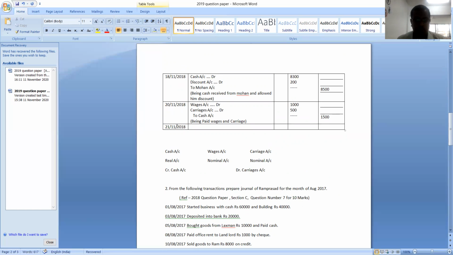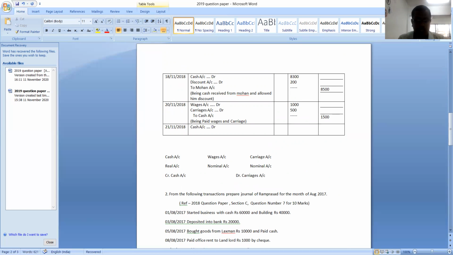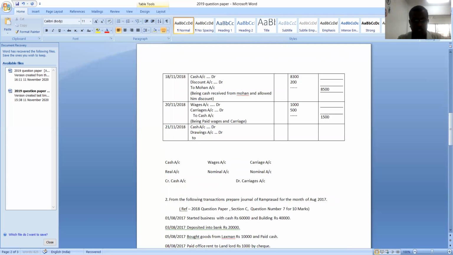So as we all know, here the first account is cash account debit. Which is another account that is debited? Drawings account debit, because owner is the receiver. So drawings account debit. Which account is credited? Bank account is credited.